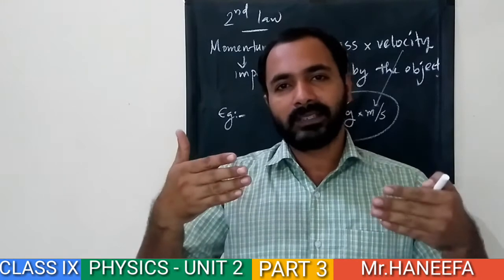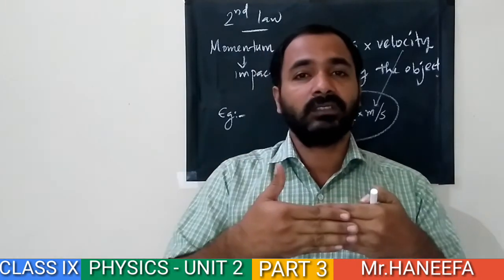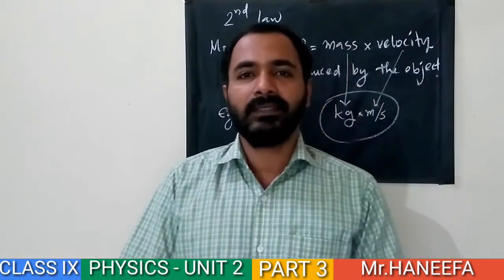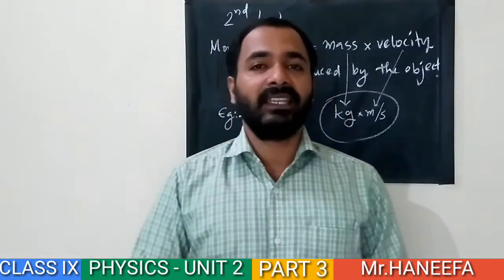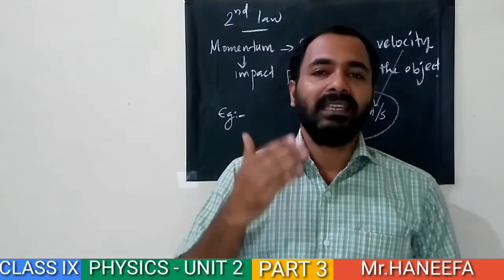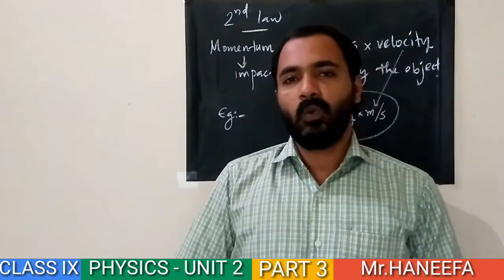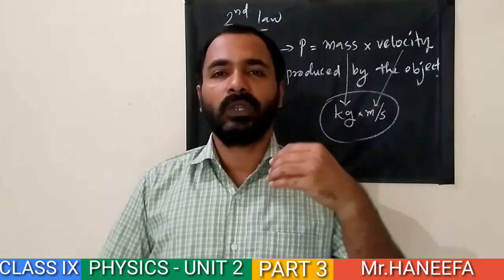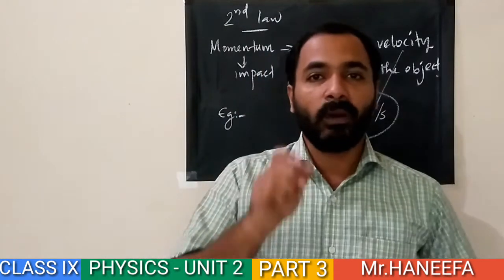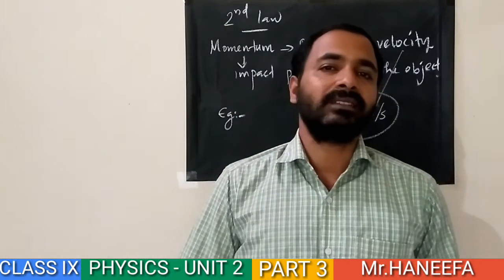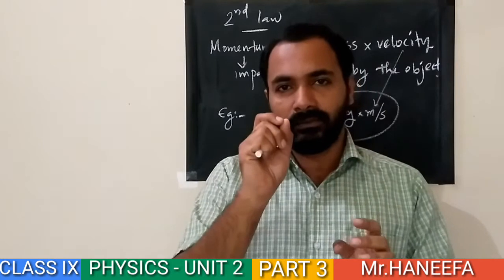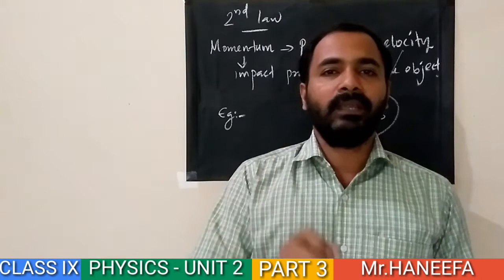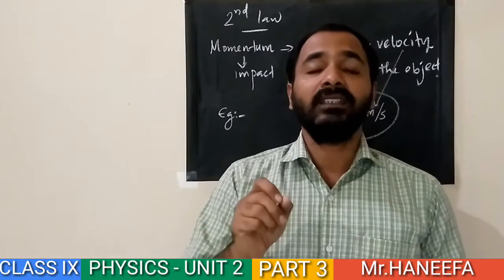If two buses collide with each other at fast speed, the impact is very high. When velocity increases, impact also increases. When mass increases, momentum also increases. So momentum depends on two factors, mass and velocity. So momentum is the product of mass and velocity.